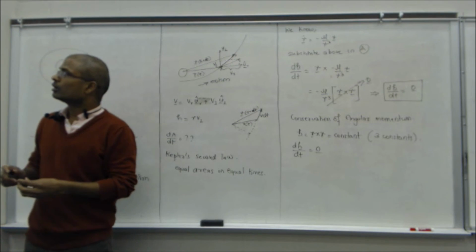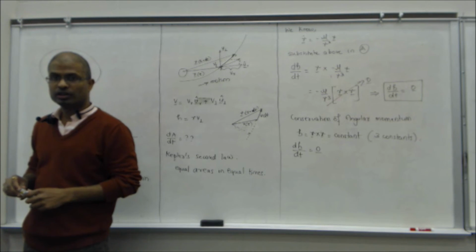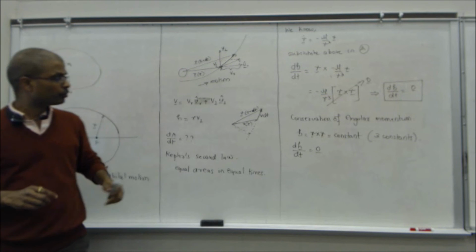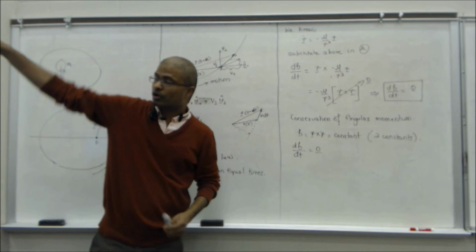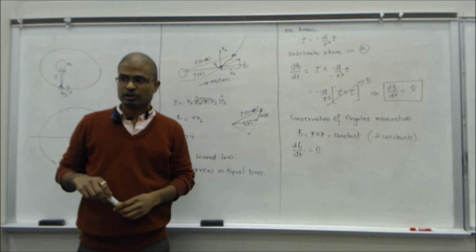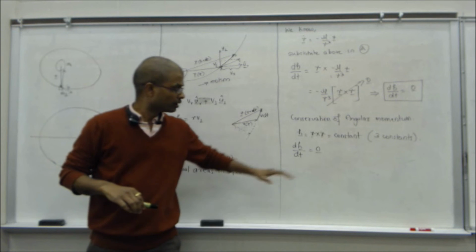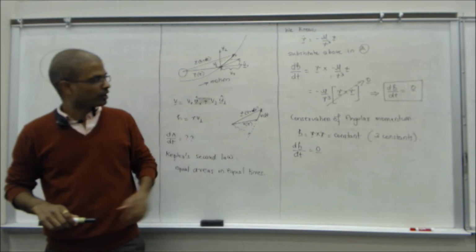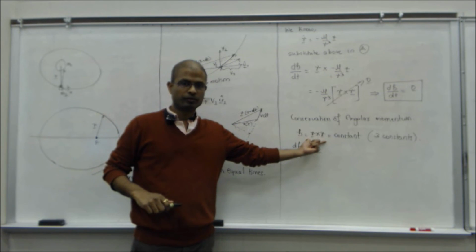Now, this is Kepler's second law. And this, we proved this, right? This is a direct consequence of that. You have to try and appreciate this and that. The reason I'm saying is, this we proved mathematically. We arrived at this mathematically.